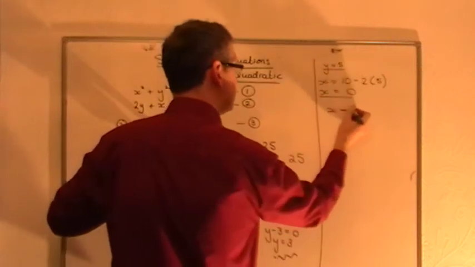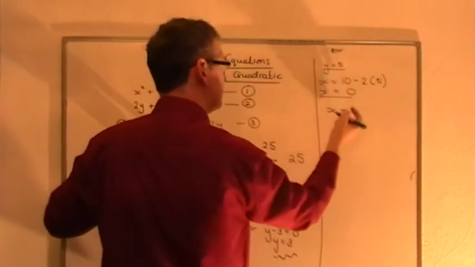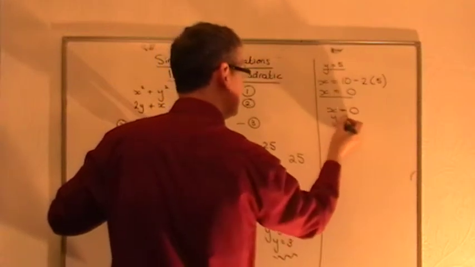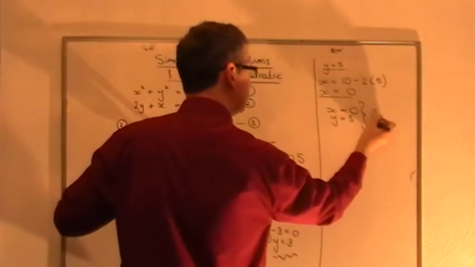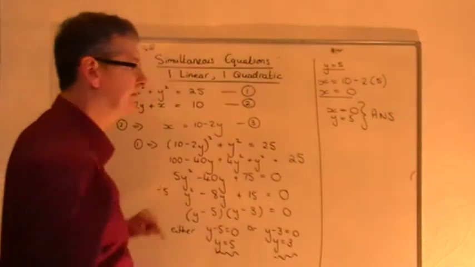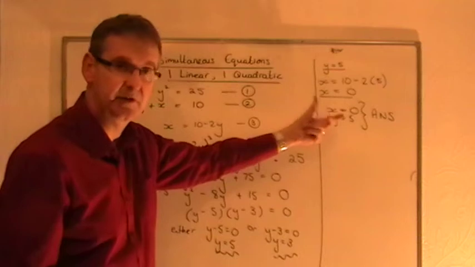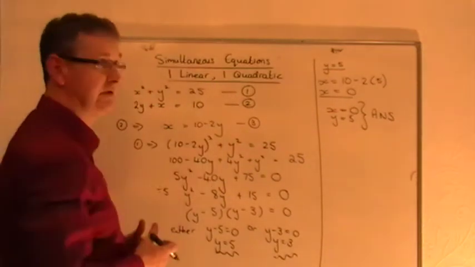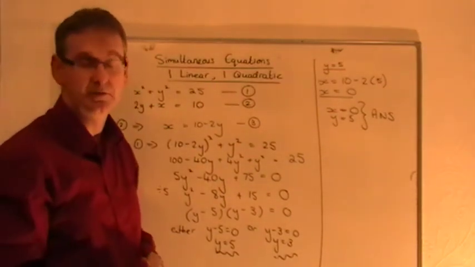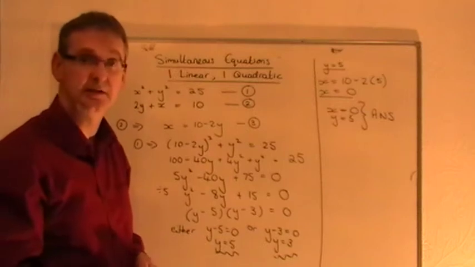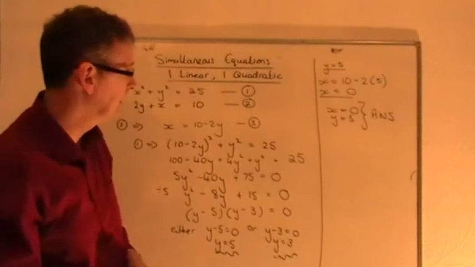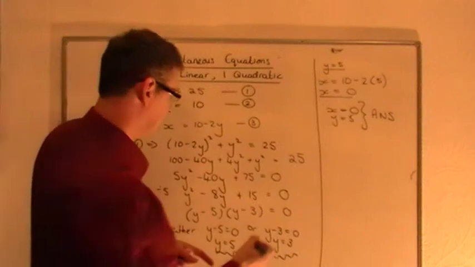I'll pair the two answers together then. If y is 5, x is 0. So x is 0, y is 5, in a bracket, there's your first solution. If you were to put x equals 0 and y equals 5 in both of those equations, it would satisfy them simultaneously. They would work.